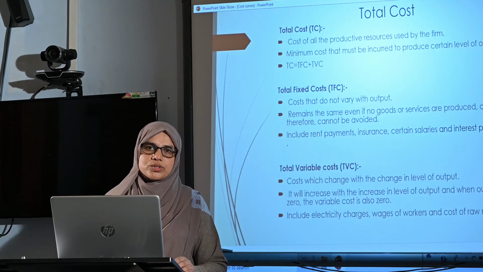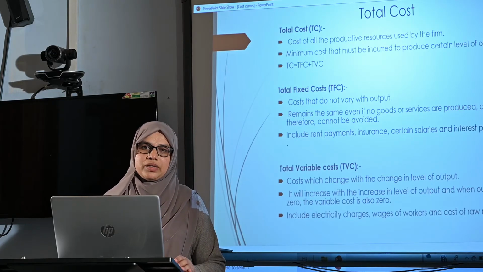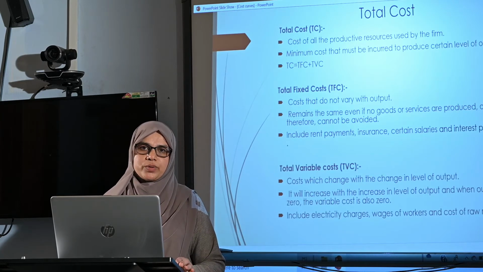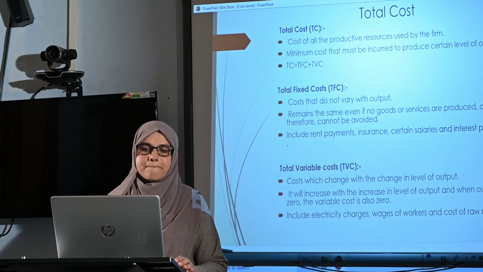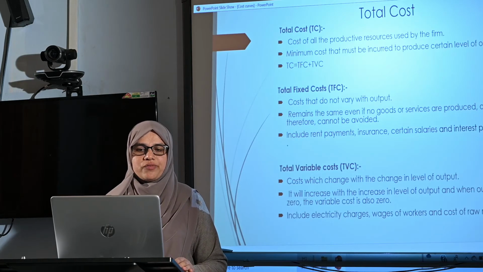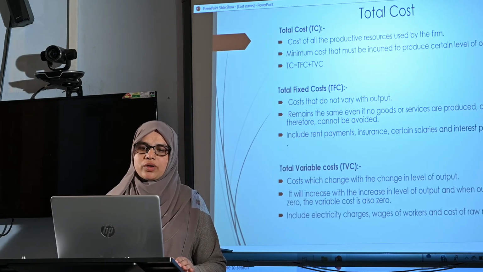Total cost is the cost of all productive resources used by the firm. This is the minimum cost that must be incurred to produce certain level of output. Total cost is the sum of total fixed cost and total variable cost. Next, total fixed cost.